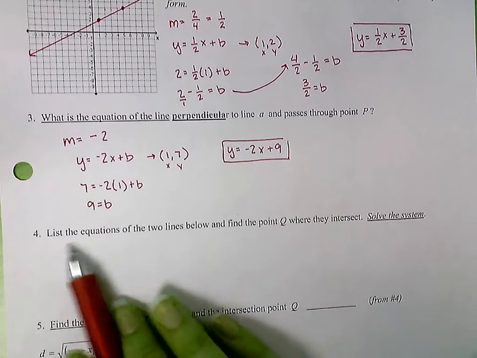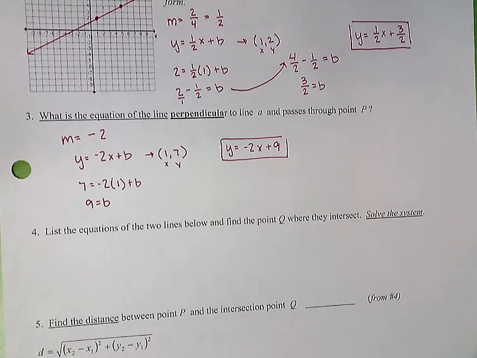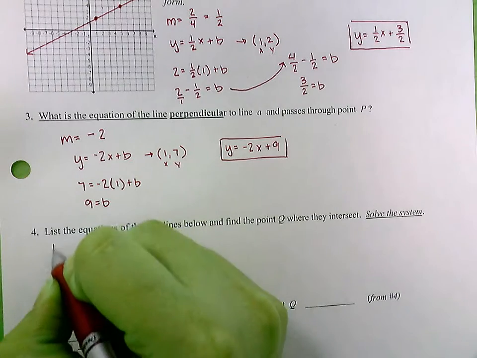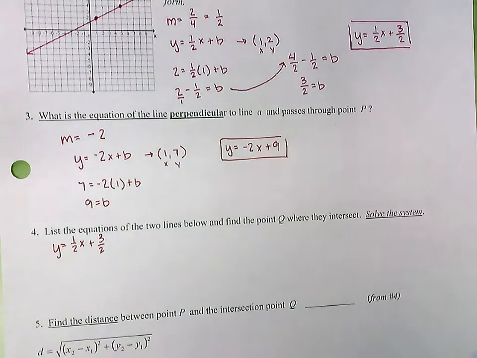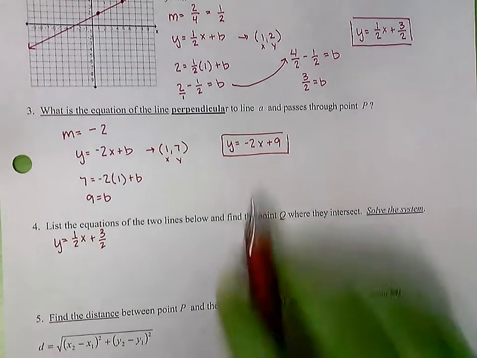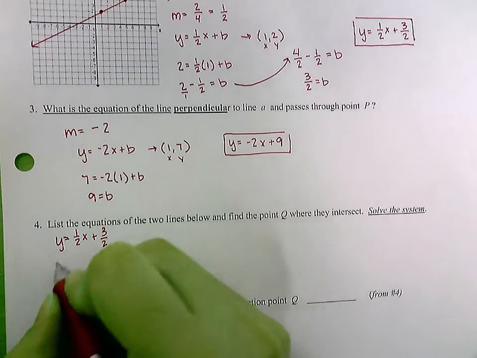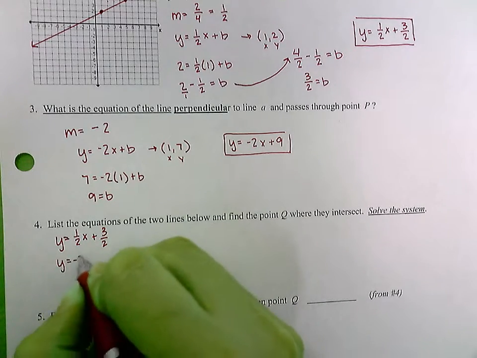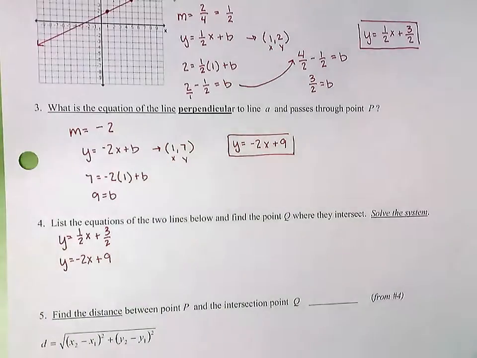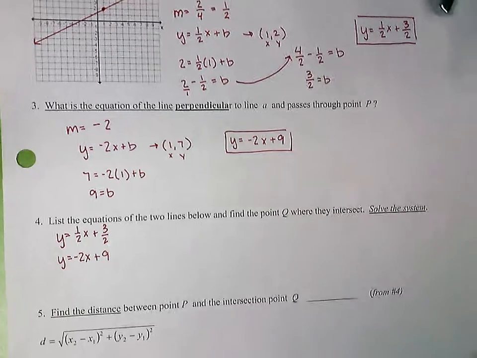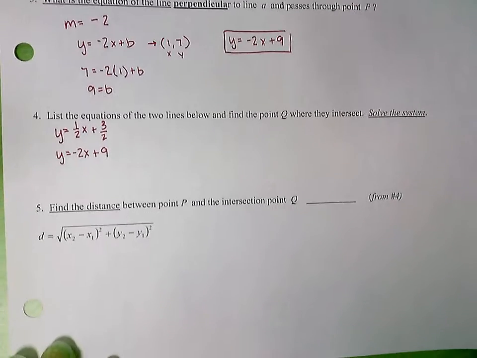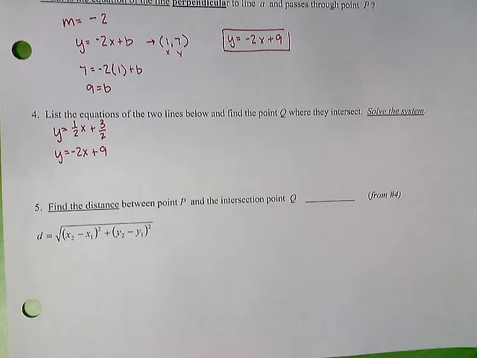Okay, so we need to list both of our equations that we just found. So the equation of line A and the equation perpendicular through point P. All right, so to solve this system, since both of these are equal to y, I can just substitute.